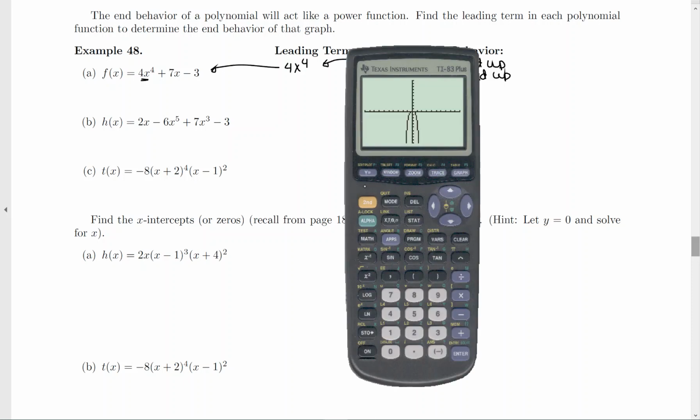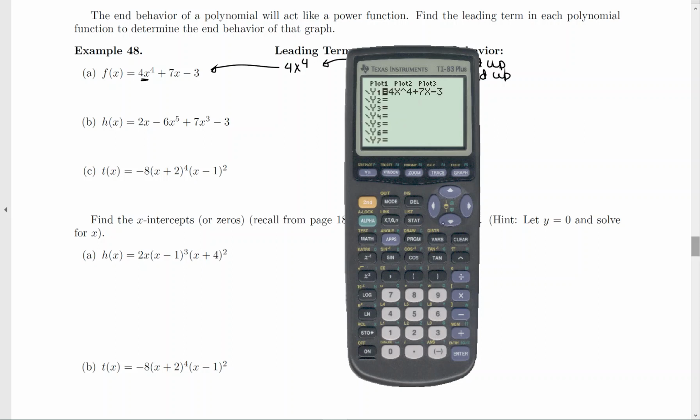You can type in the function 4x to the fourth plus 7x minus 3. Take a look at that graph, and we would expect both ends to be up. Now, it doesn't look exactly like 4x to the fourth, the graph, but both ends are going to be up.